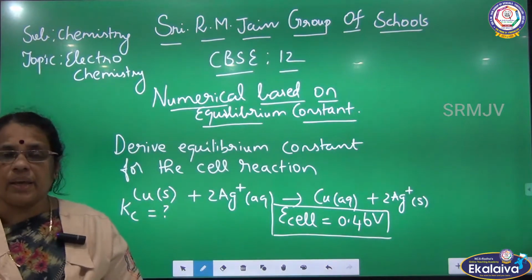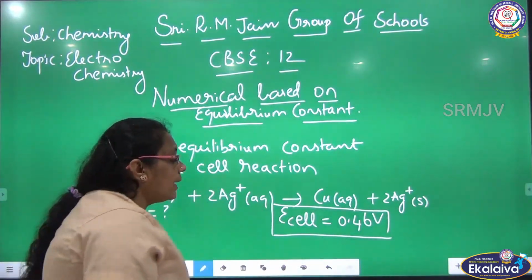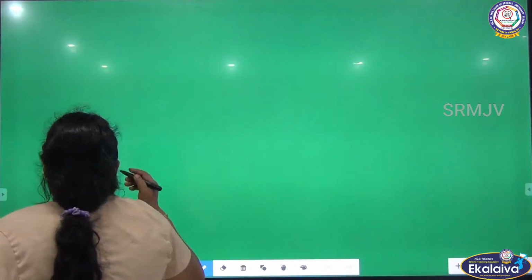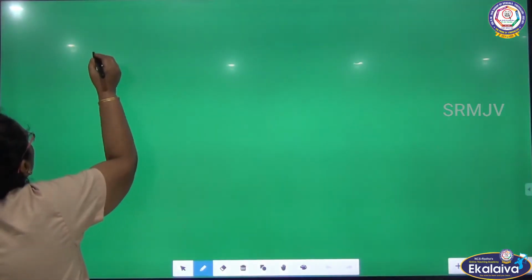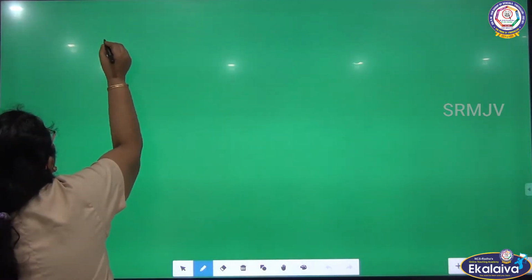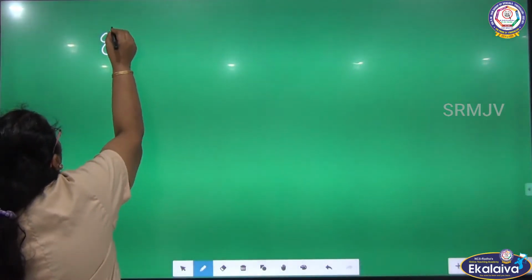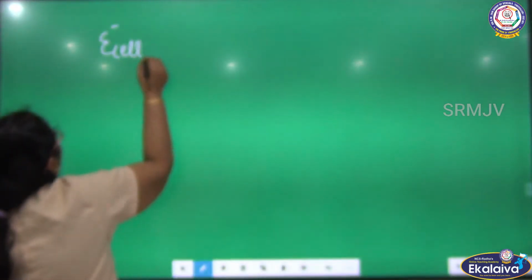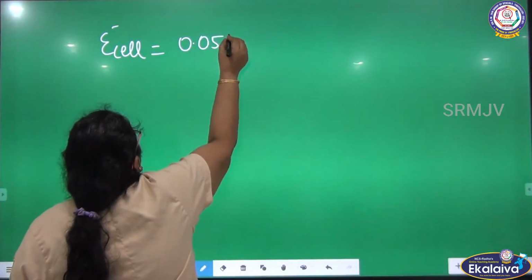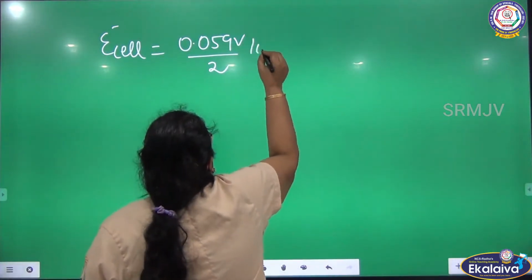Now we will see the formula to find out the equilibrium constant. Let us see the formula for equilibrium constant. Already you know that E°cell is equal to 0.059 volts divided by 2 into log Kc.